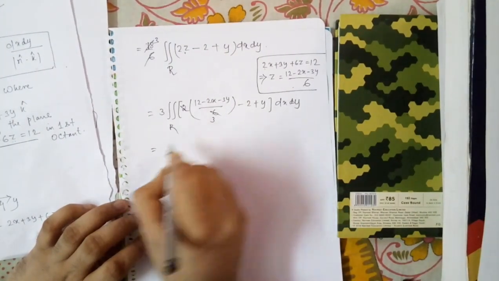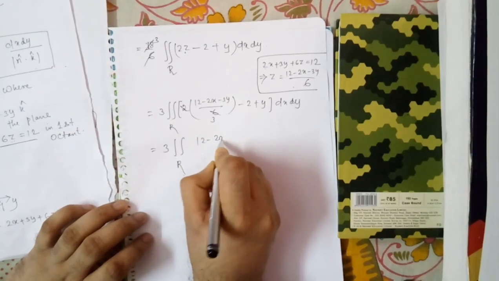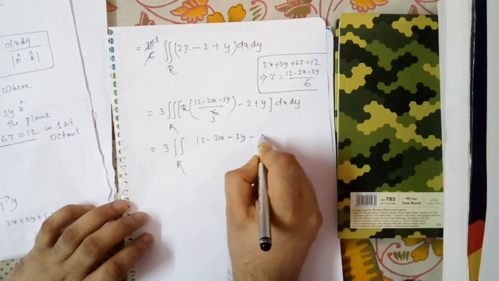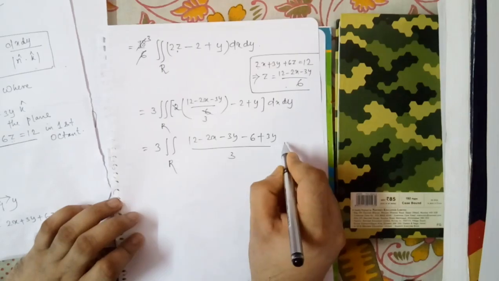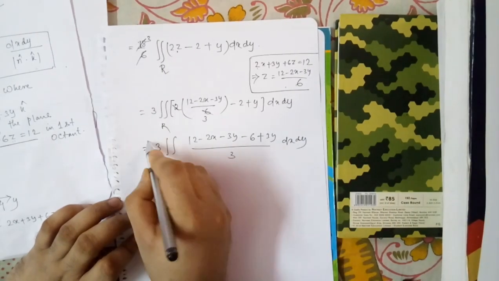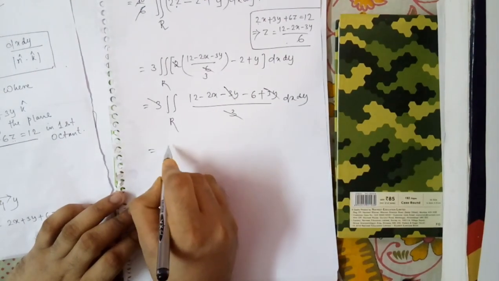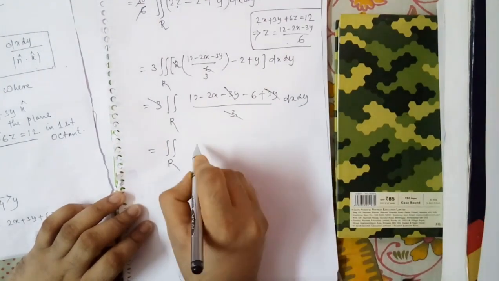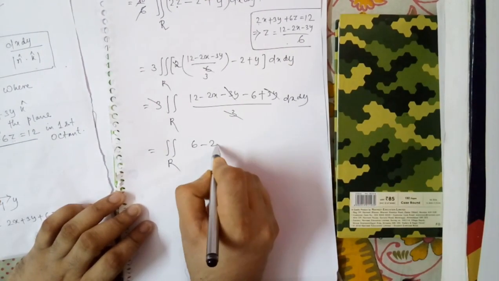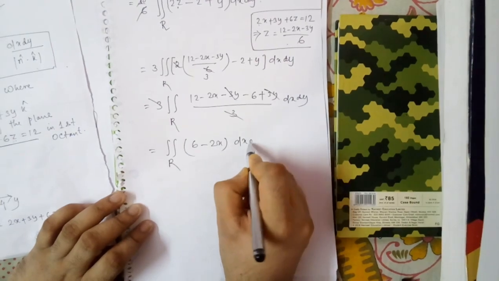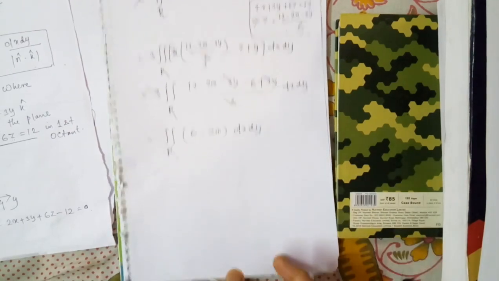So now we have 3, 12 minus 2x minus 3y minus 6 plus 3y divided by 3 dx dy. So this 3 and 3 get cancelled, this 3y and this 3y get cancelled. Now this becomes 6 minus 2x. Now this is a simple problem of double integration.